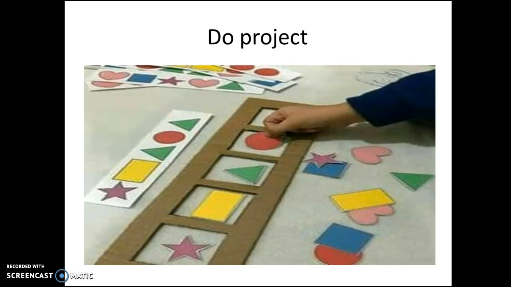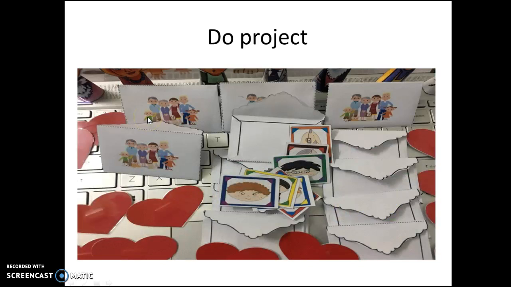Besides that, I also let students do projects. When we study about shapes, you can cut and make some like that. For example, heart, star, triangle, etc. You can see here.